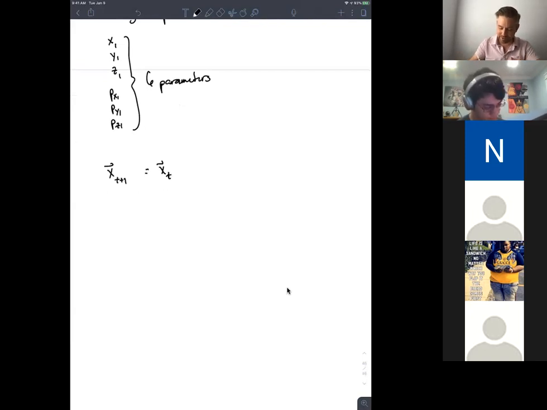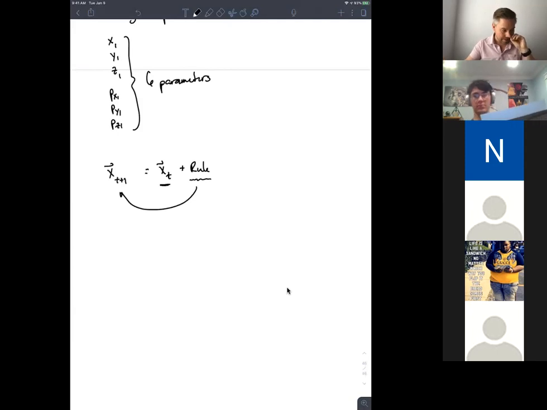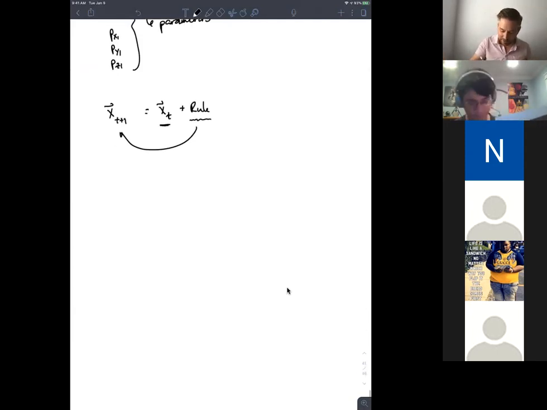What you do is take your initial position and perform some computational rule, specifically Newton's equations, and whatever the result of this rule is allows you to update the position to get the new position. So say we start with x1 at time t.